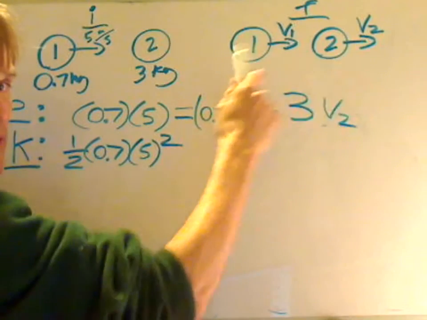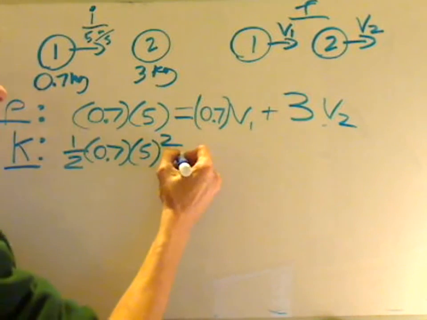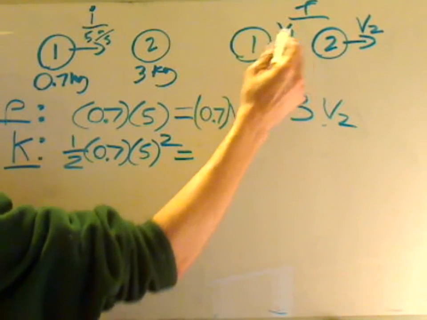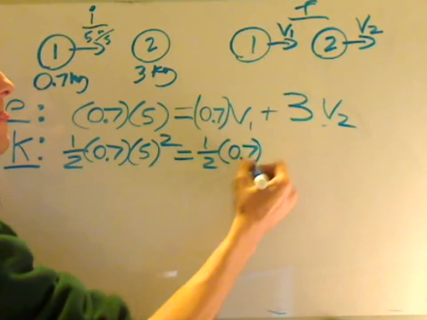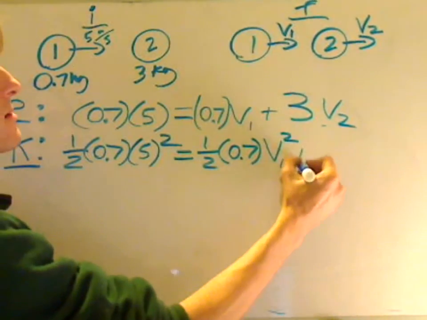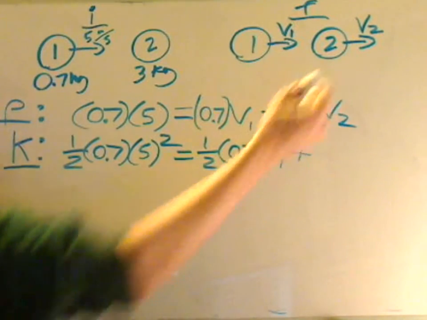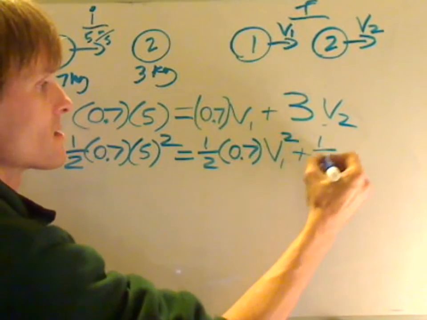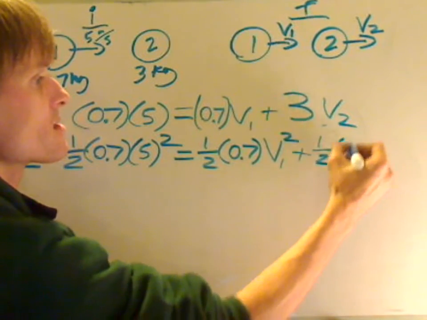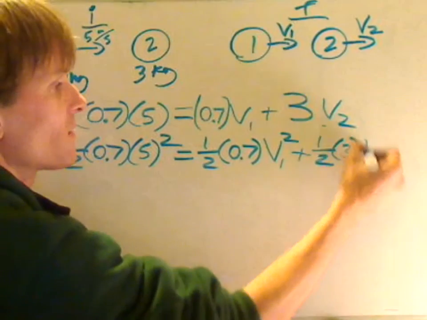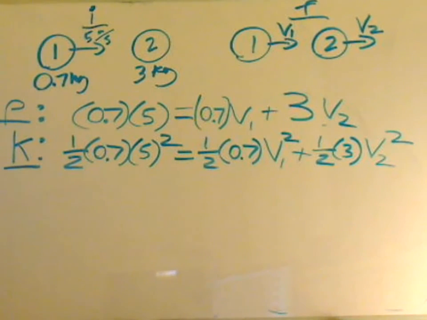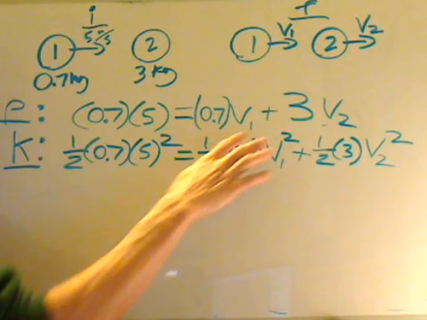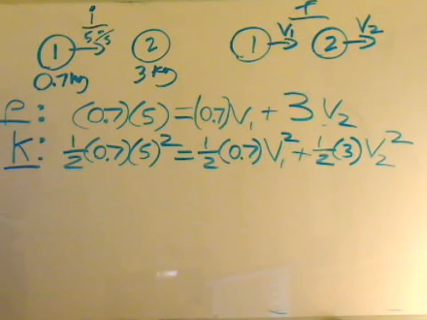It has to equal the final kinetic energy, which is 1/2 times 0.7 v1 squared, plus the kinetic energy of ball 2, which is 1/2 times its mass, 3, times its velocity squared. So there is the setup. We have 2 equations, 2 unknowns.